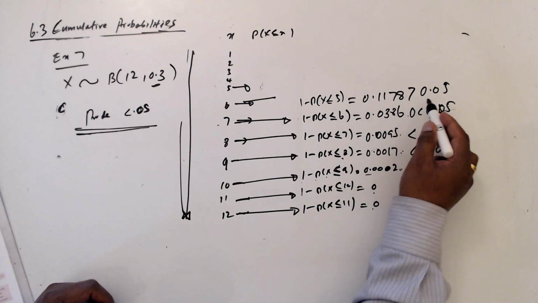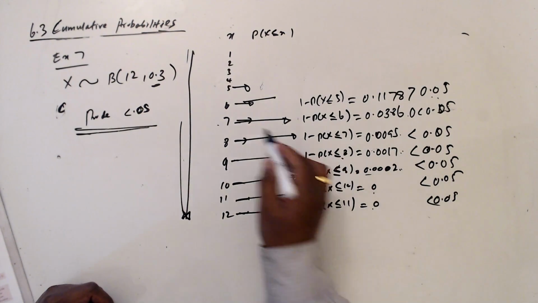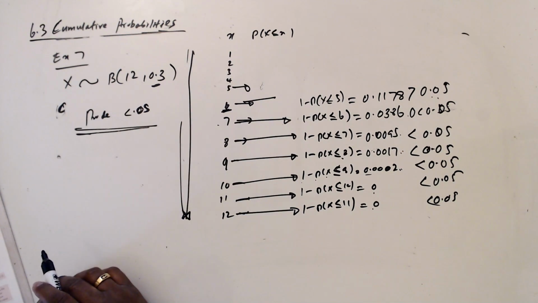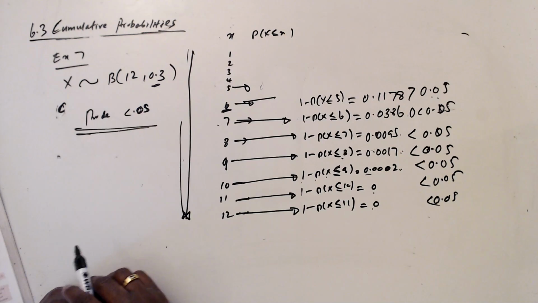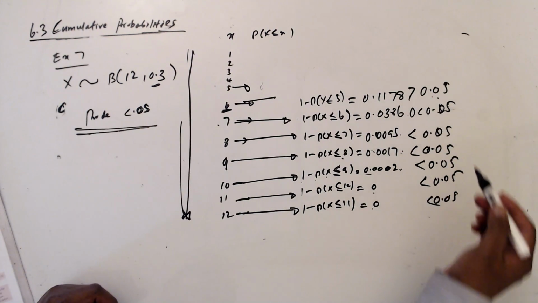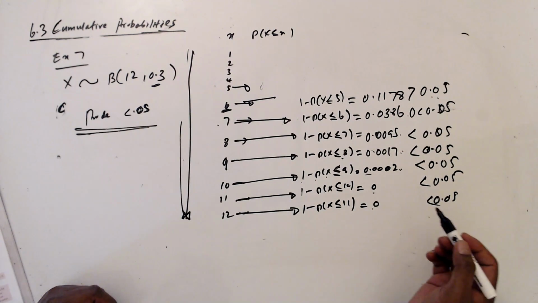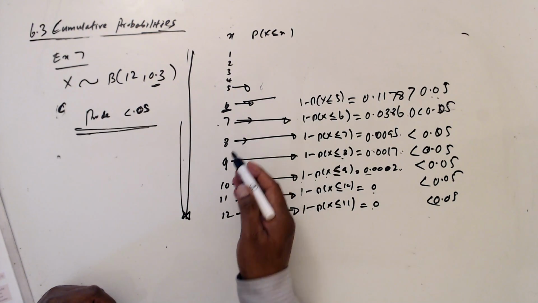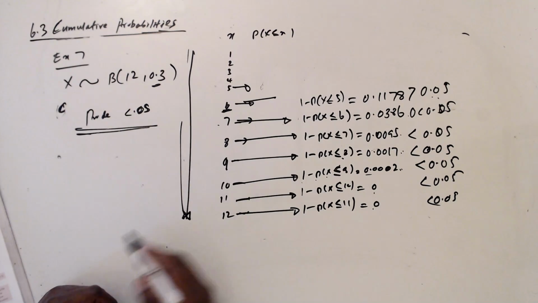So this addition is more than 0.05 up to 6 spinning. If you are expecting a winning probability less than 0.05, we have to tell that student or colleague, okay, I'll give 12 chances.